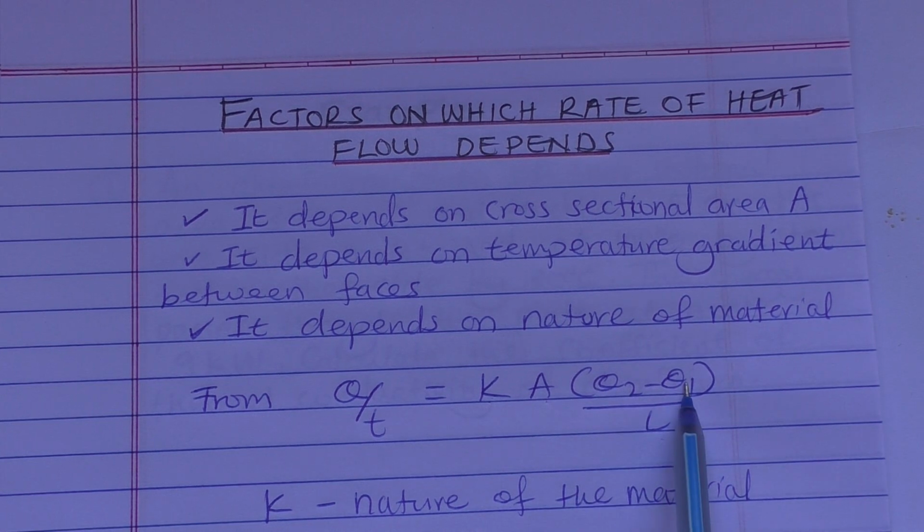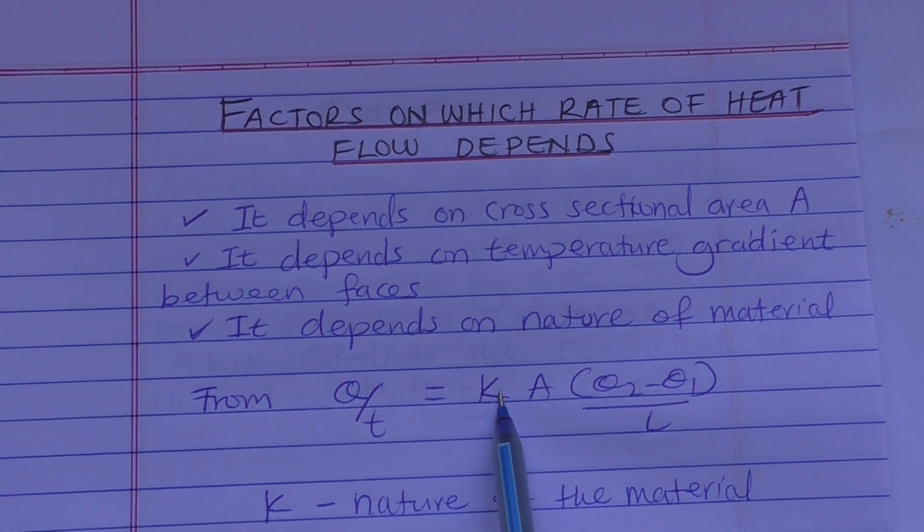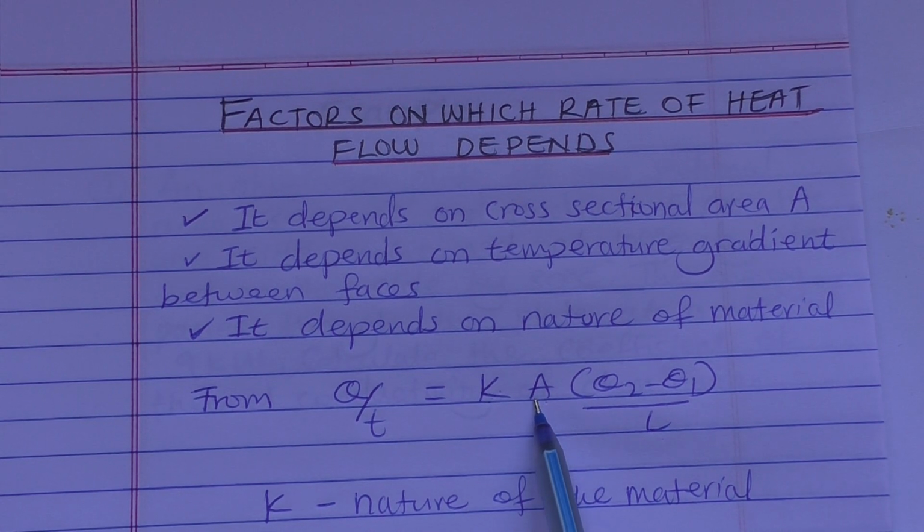We combine the difference over the length to give us temperature gradient. So those are the three factors that affect the rate of heat flow through a material: the nature of the material of the conductor, the cross-sectional area, and the temperature gradient.